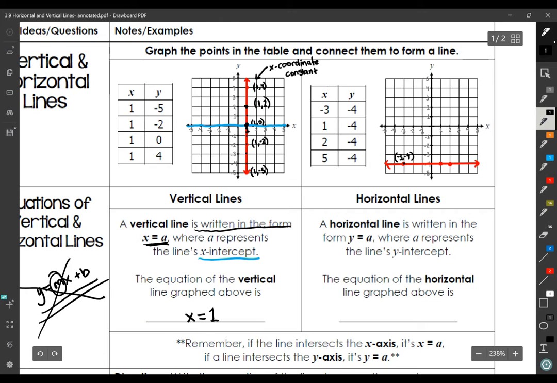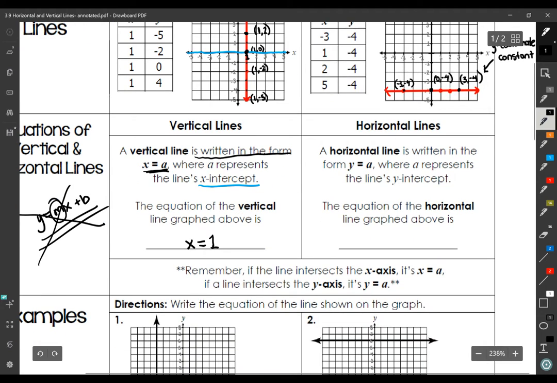This point right here is 0, -4. This point right here is 3, -4. Every single point on that line has a y coordinate that is -4. So the y coordinate remains constant. It remains the same.